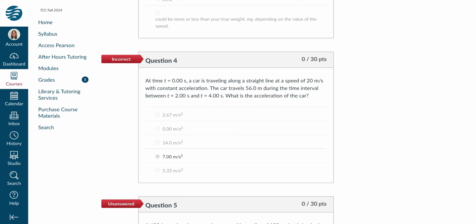Okay, so what you have there is some information. Specifically, you've got a distance traveled. At t equals 0, we can say v0 is 20 meters per second. We can say that from t equals 2 to t equals 4, x is the 56 meters.